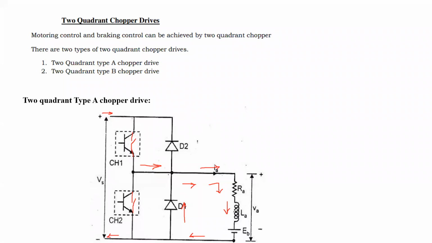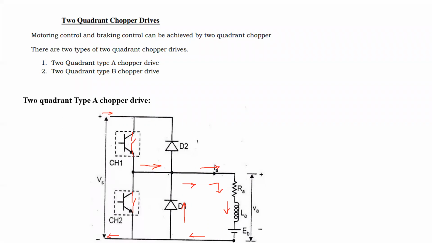In this mode, the current flowing path is back EMF, LA, RA, D2, supply voltage and back to EB. That means from the inductance only you are going to turn on our diode D2.